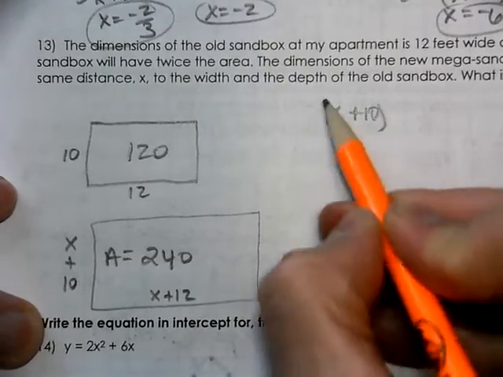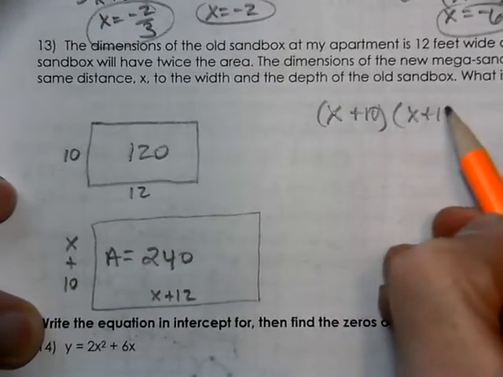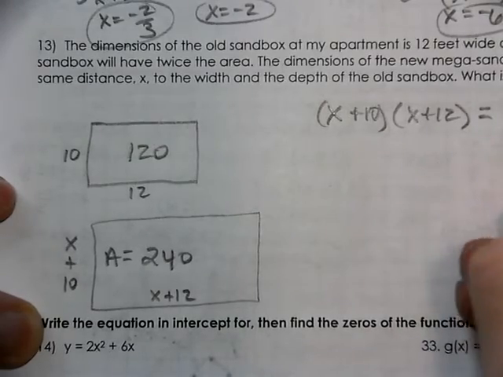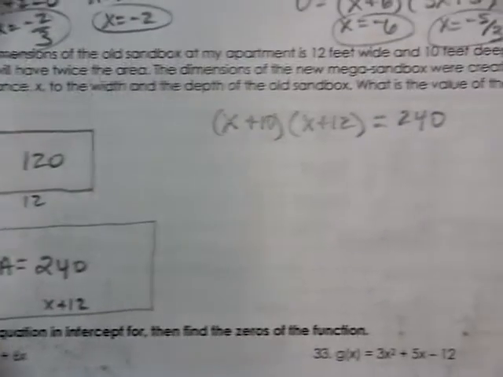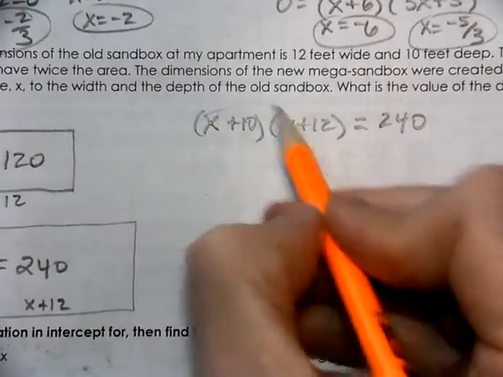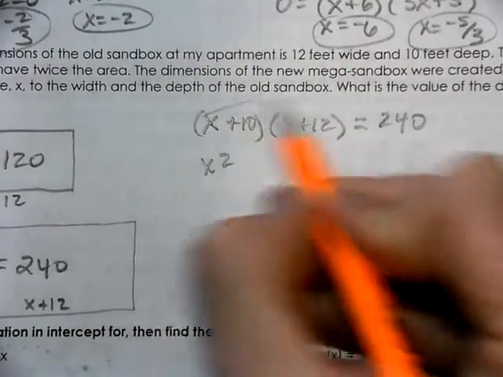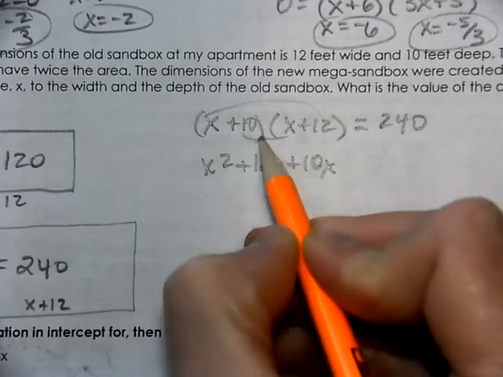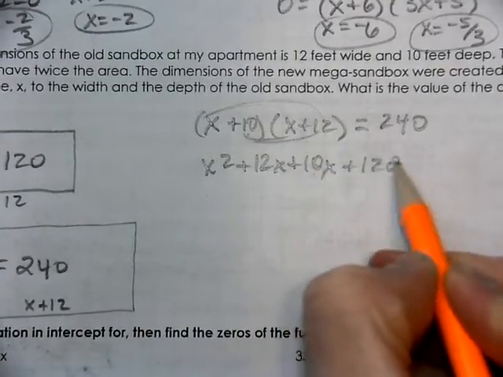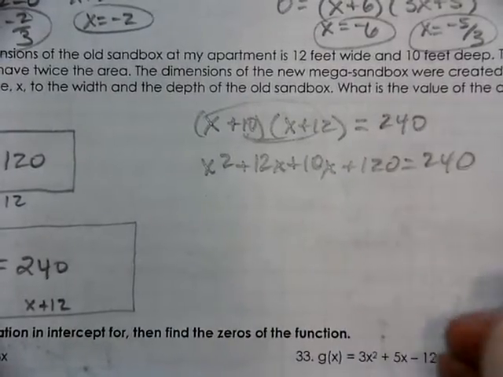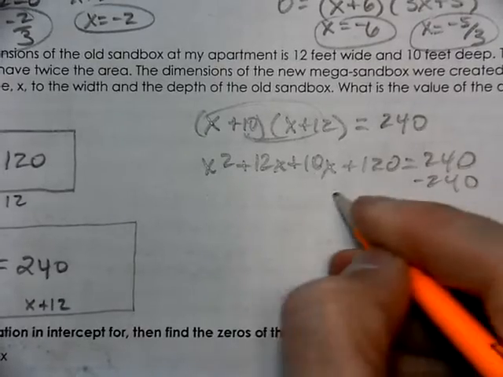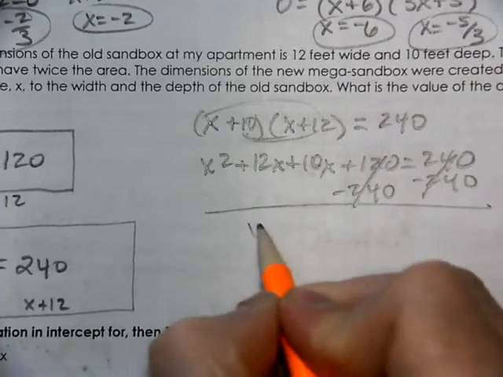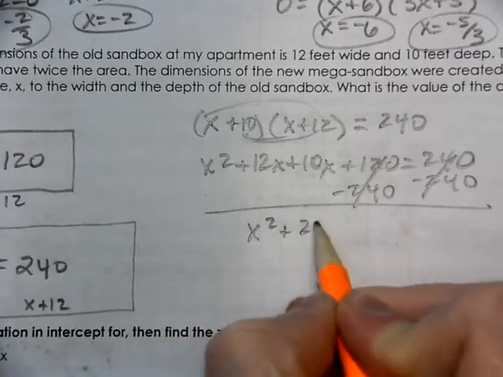X plus 10 times x plus 12 has to have an area of 240. X squared, 12x and 10x plus 120 equals 240. Subtract the 240 across so we can make it equal 0.